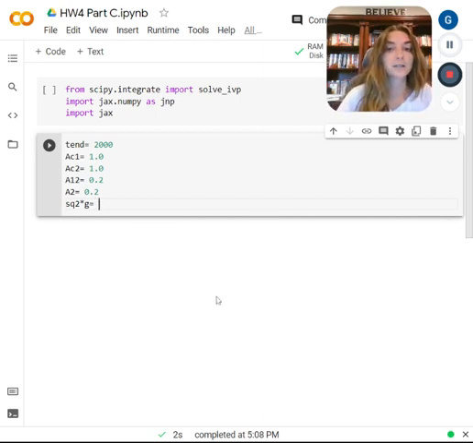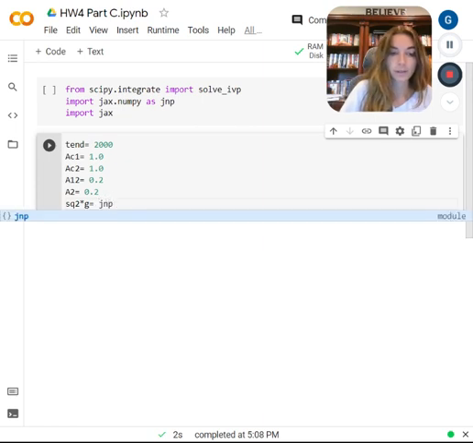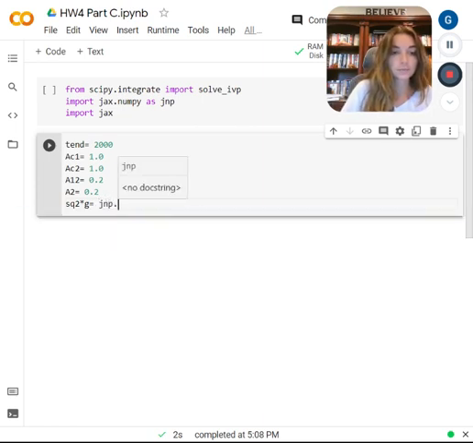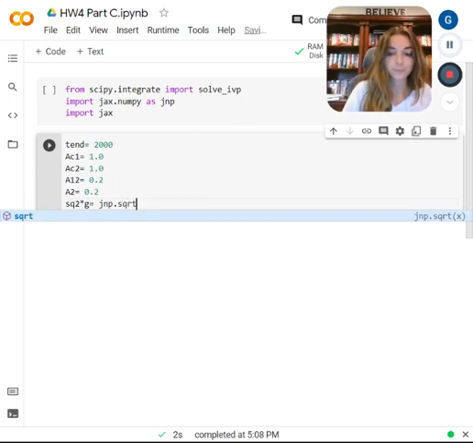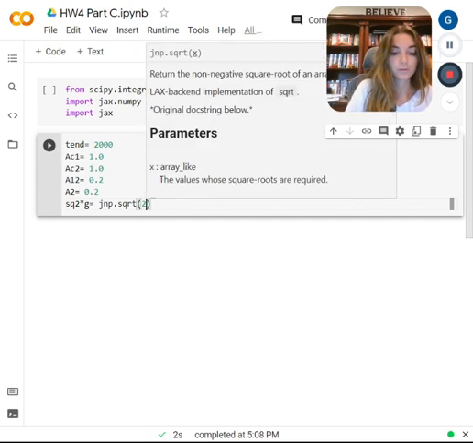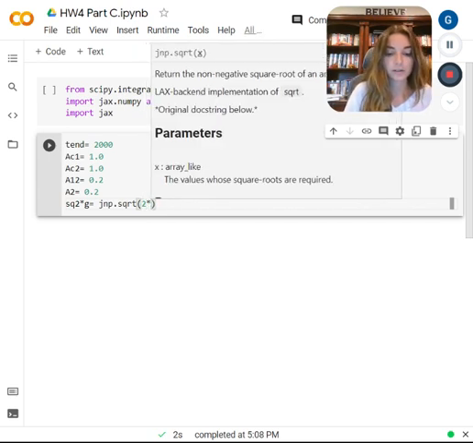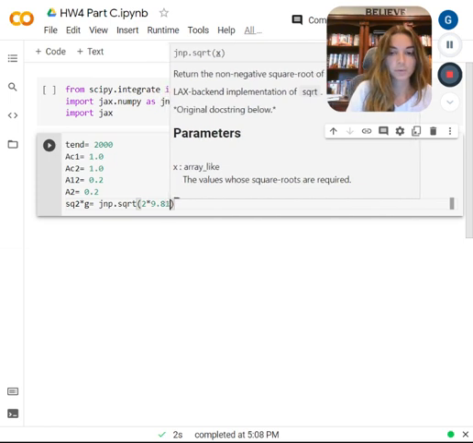And just defining it here is going to make it easier to calculate and run a lot smoother in our code. So we're going to do that by doing np.sqrt of 2 times our gravity constant, which is 9.81.